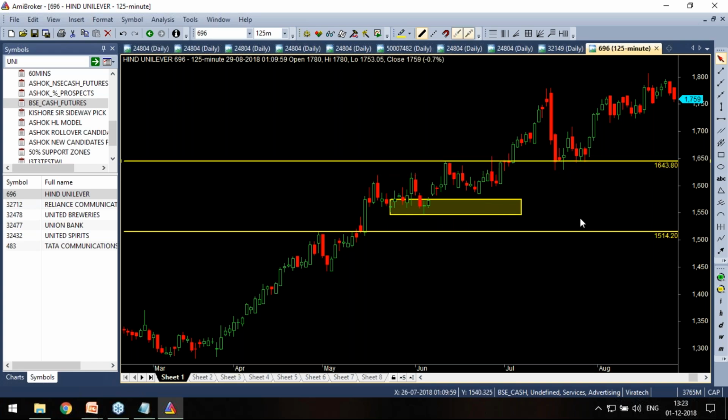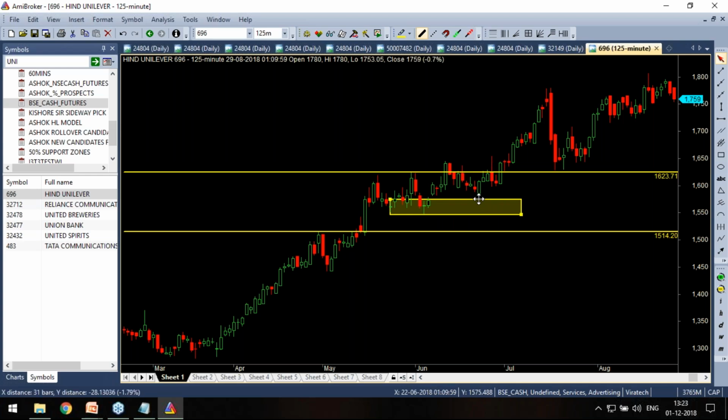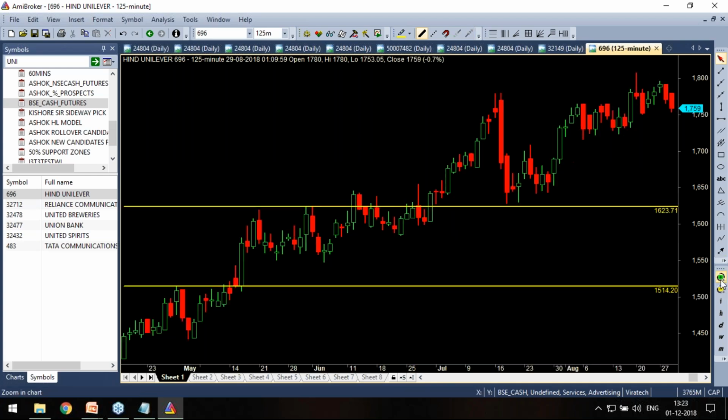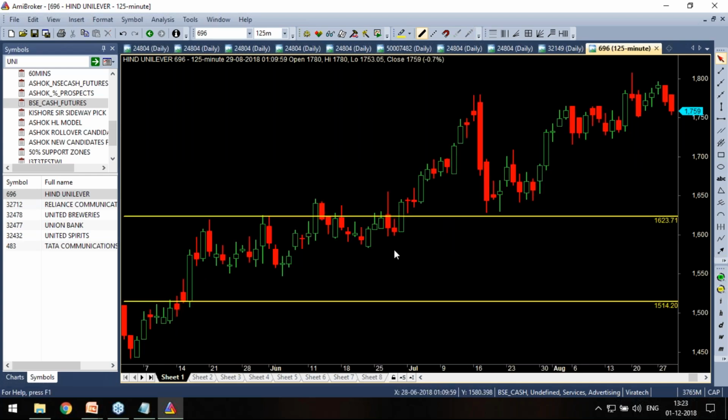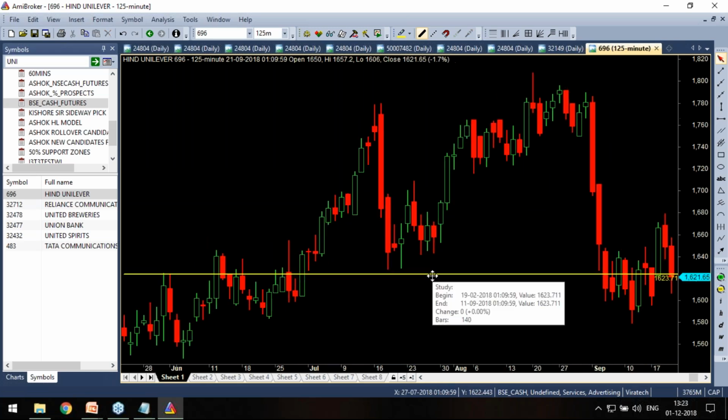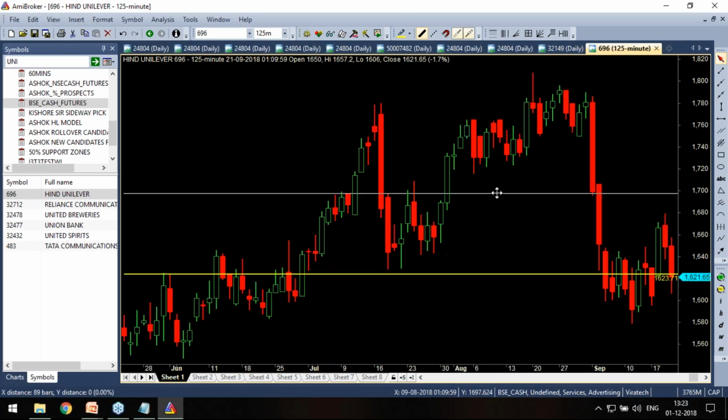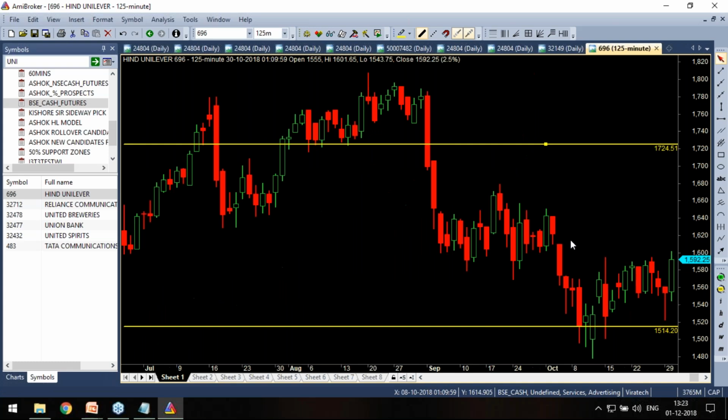But it didn't come to that level. Price is here. That's a major SR. Price broke up, came down, formed a high, and it engulfed. We can look forward to trade here also. Price didn't come back. See, price many times didn't come back at all. Now it broke here. See this one. Now it's broken. Let's see what it did.